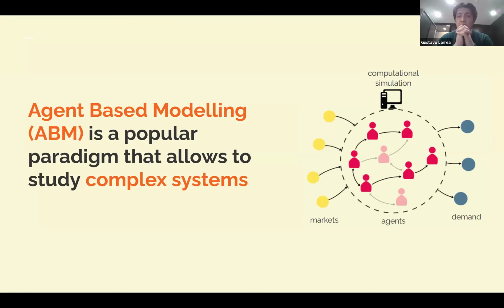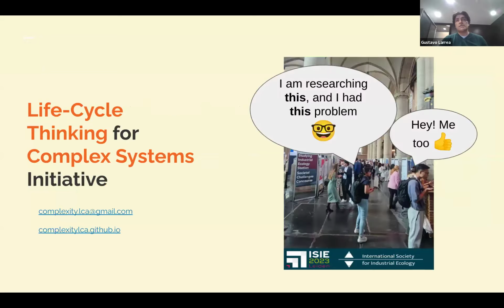In ABM, we represent the system in a computational manner, and we acknowledge reality as a composition of autonomous and independent agents. These agents are the reducible elements of the model, and they can represent humans, companies, or even ecological entities. So it's in this context that the initiative that organized this session has been created.